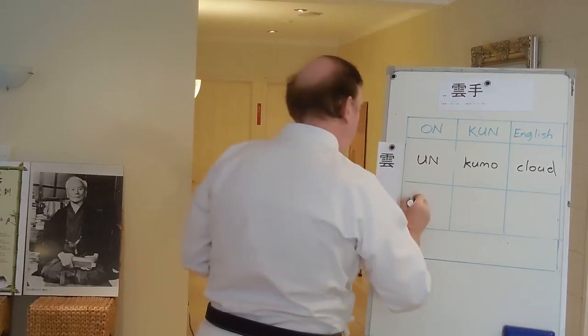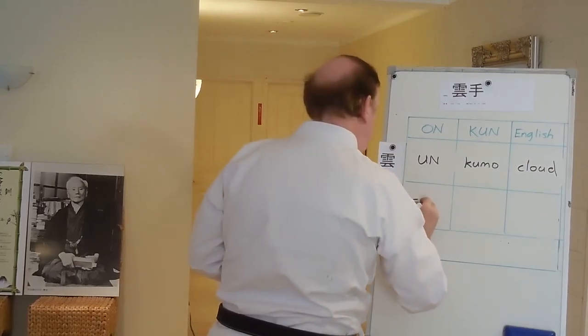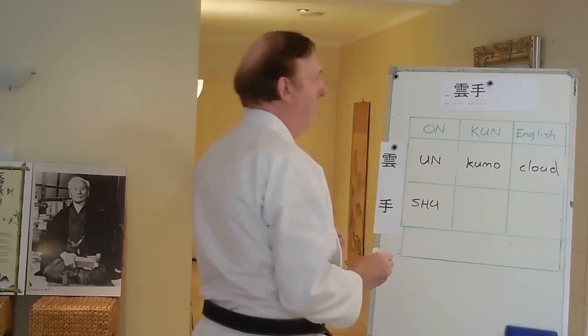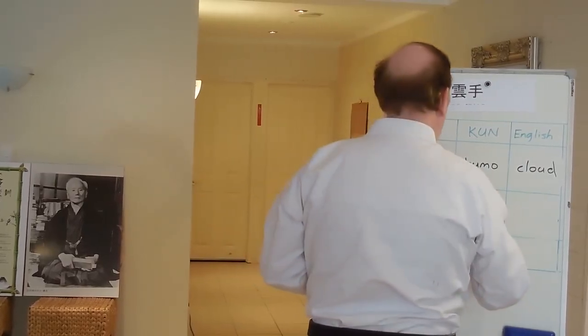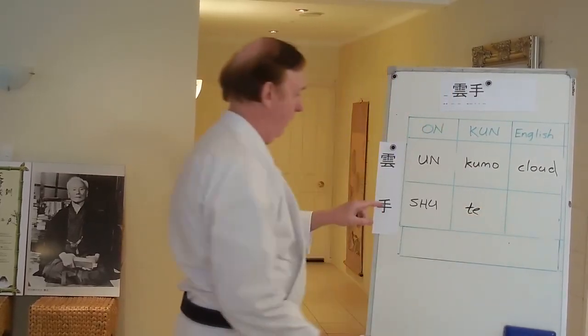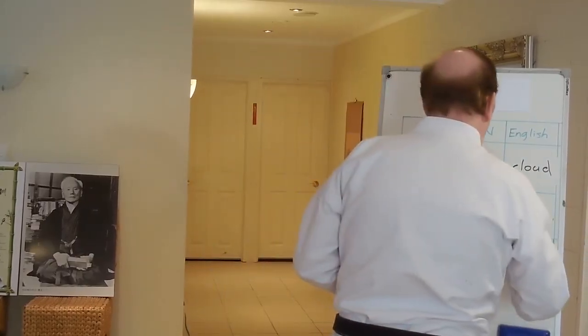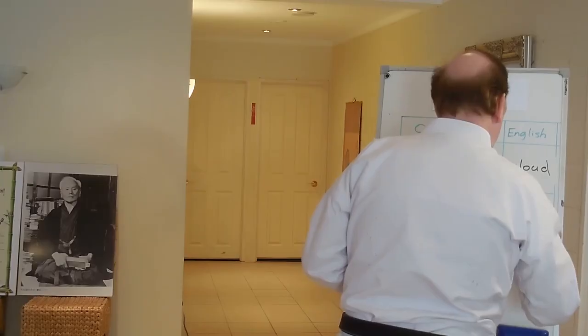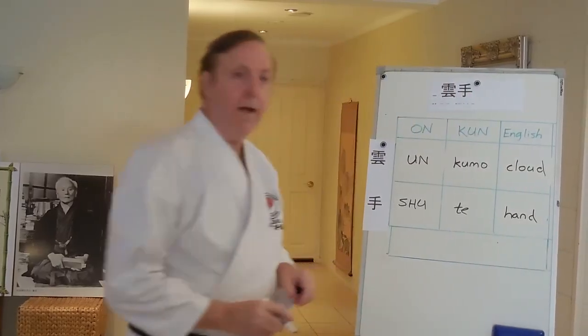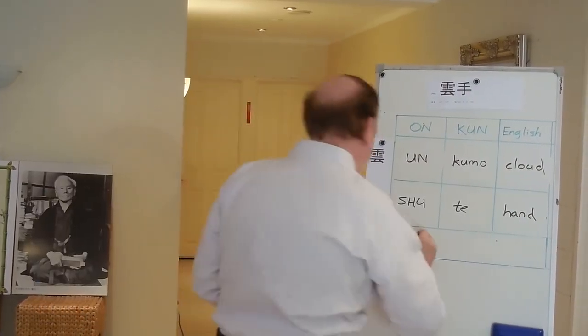And su really should be shu, and shu is te, as you can see here, and te means hand. So we have cloud hand, or cloud hands for this one.